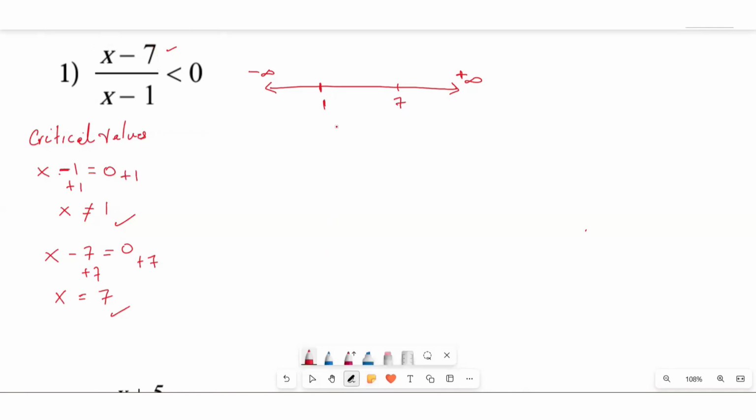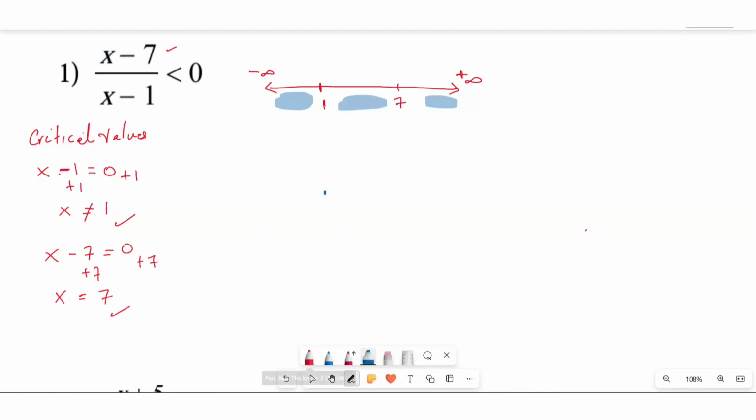So we're going to test numbers within these intervals. We're going to test any number that is less than 1, a number between 1 and 7, and a number which is greater than 7. Then we're going to test it in this and see if the number is positive or negative.